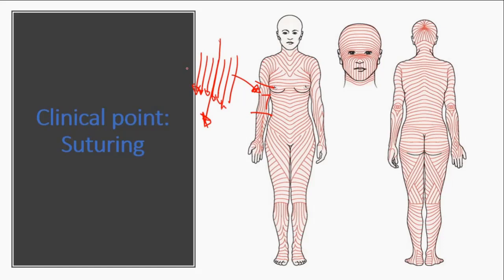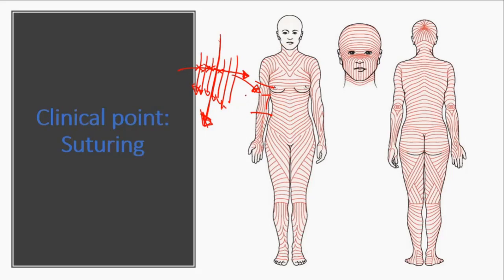If you made an incision this way, after you suture, it's really difficult for your skin to regenerate because you've cut through so many different collagen fibers. Whereas if you cut in the same direction as the tension lines, it would be easier for your collagen to heal.